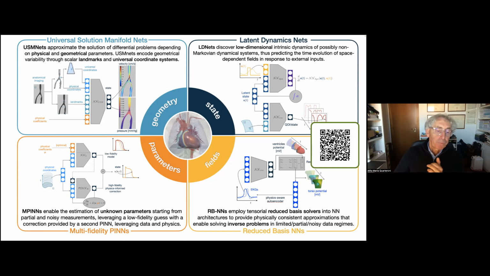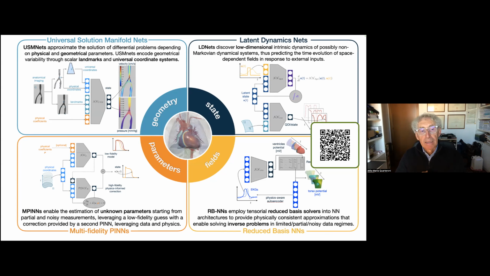We want to use multi-fidelity physics-informed neural networks to estimate unknown parameters in our model. And we want to develop reduced order models to enhance the computational efficiency of our approaches.